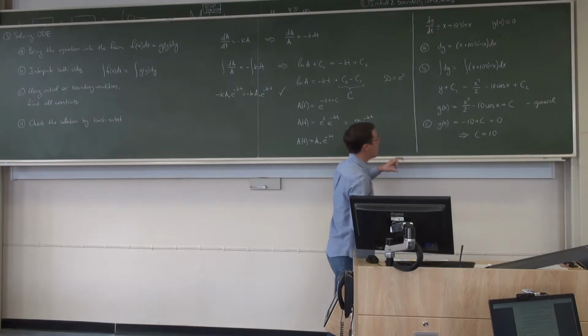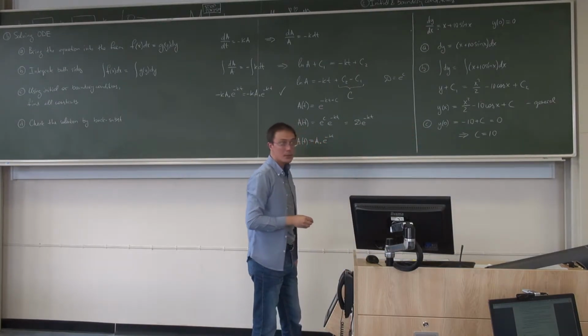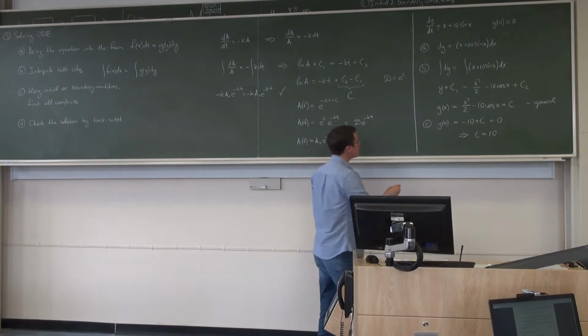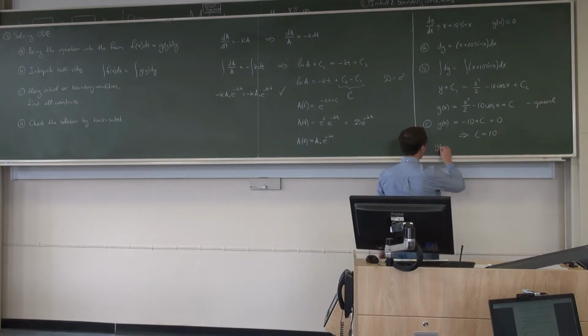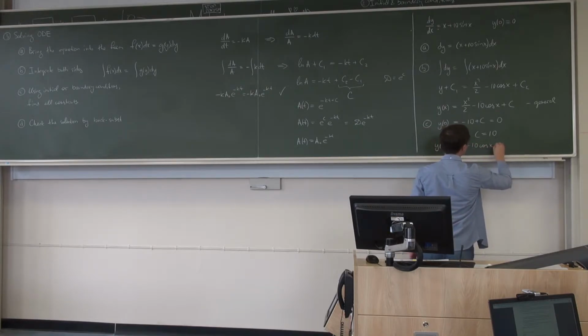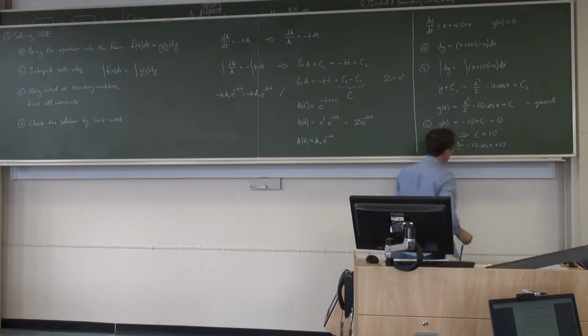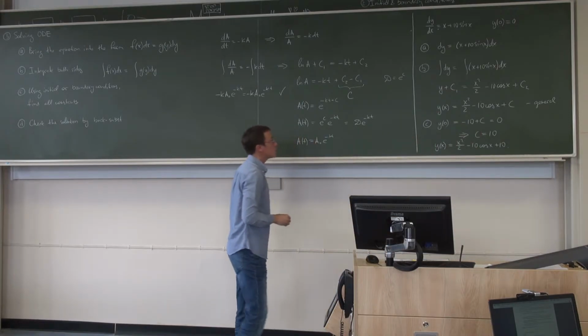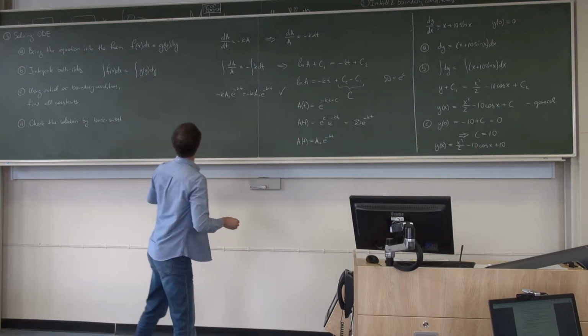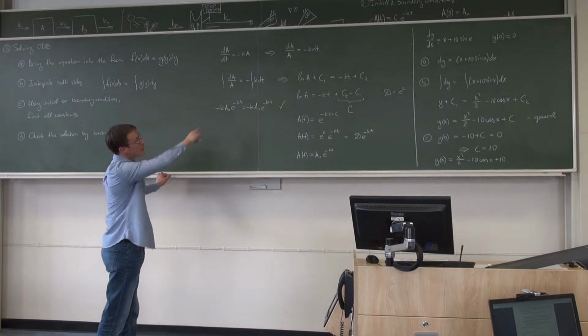And so our final thing is to write that particular solution that is specific to our case. Y of x is x squared over 2 minus 10 cosine x plus 10. The final thing that we need to do is to actually check. So we put it back into there.